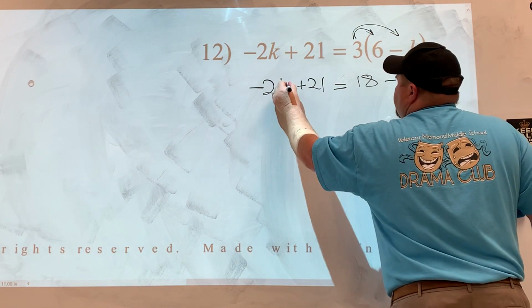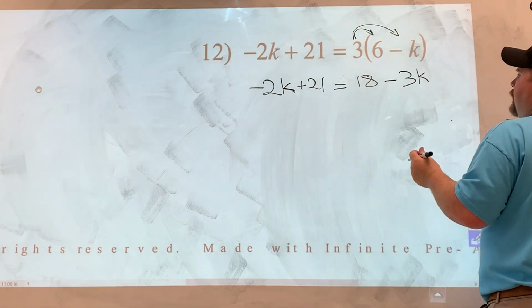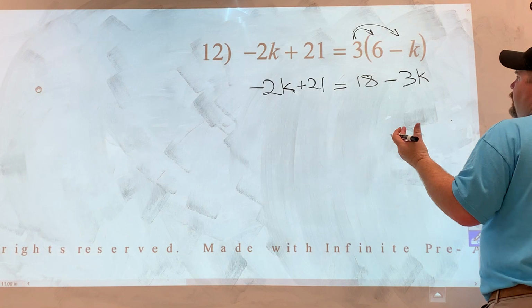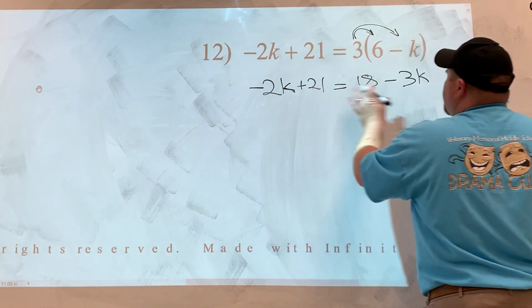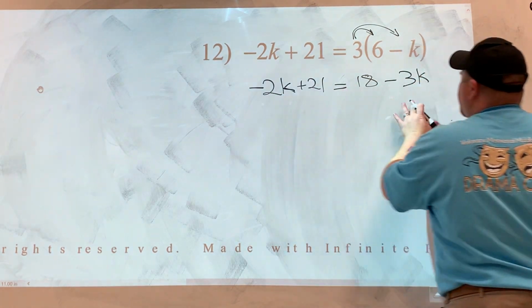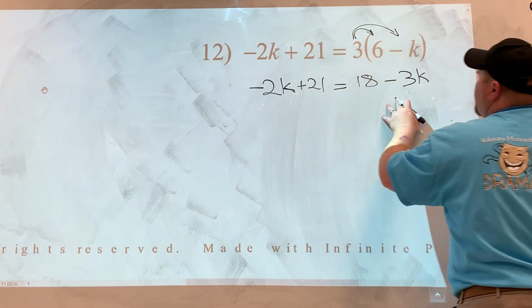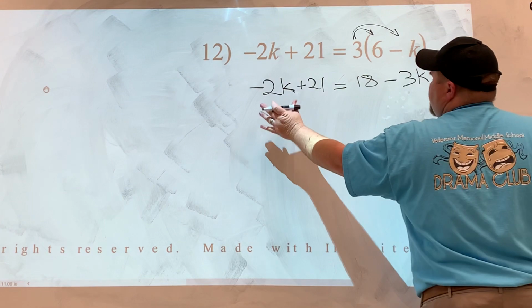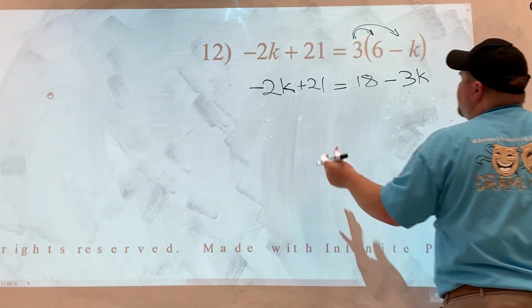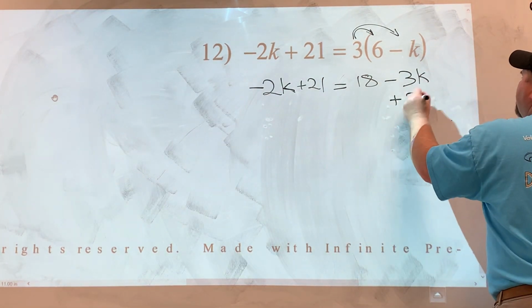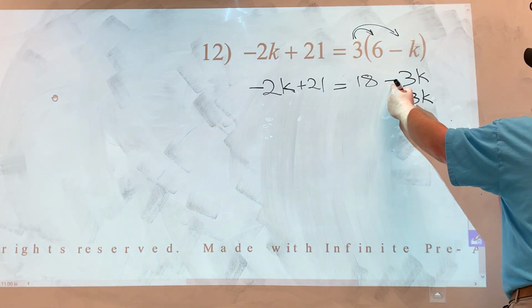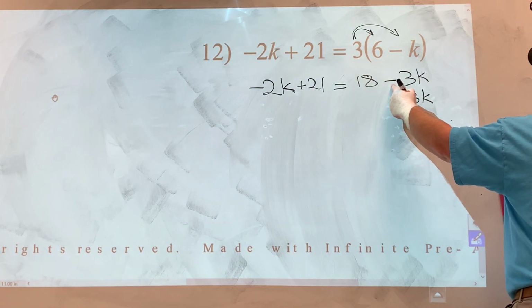All right. So right now, you got to decide, do I add 2k to both sides and this one goes away but this one stays negative, or do I add 3k's to both sides and this one goes away and this one turns positive? I like the idea of the positive, so I'm going to add 3k to both sides, because remember, this is a negative 3k or a subtract 3k.